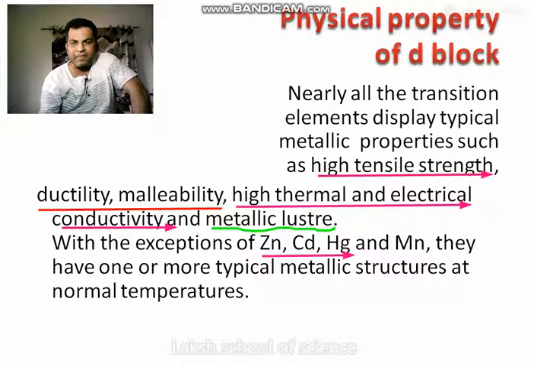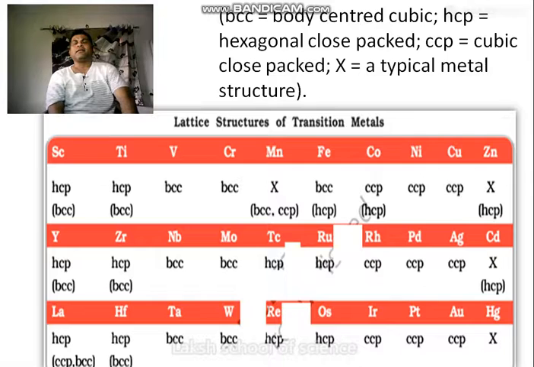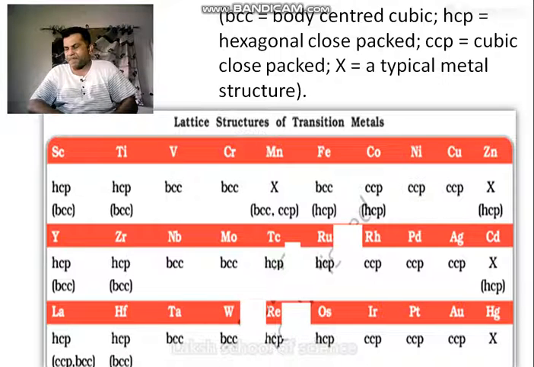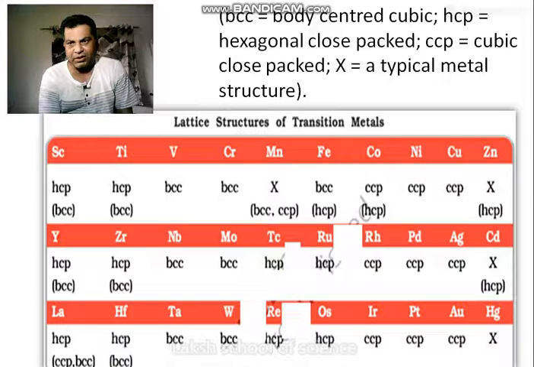Okay, so the next property we are going to talk about is the crystal lattice. Remember this: BCC is the short form for body centered cubic, HCP is short form for hexagonal close packed, CCP is for cubic close packed, and X is a typical metallic structure that we have discussed previously.